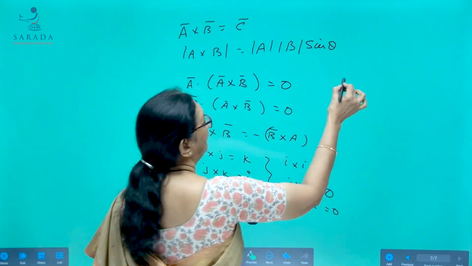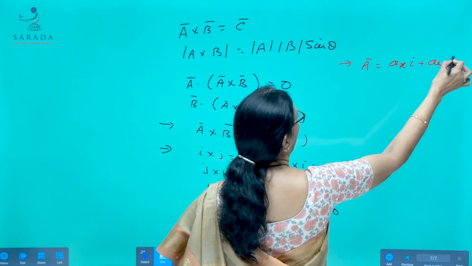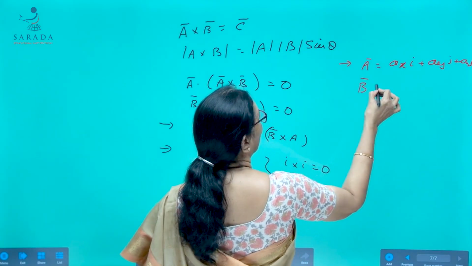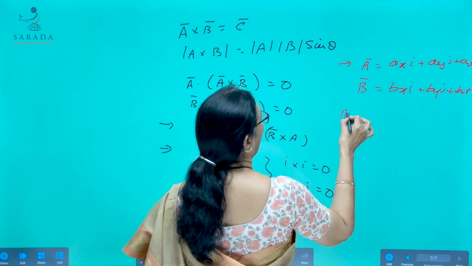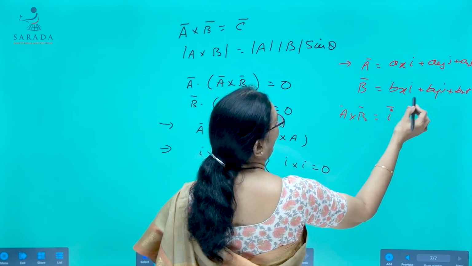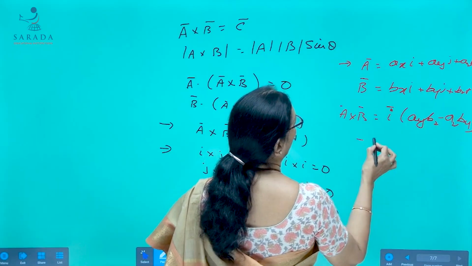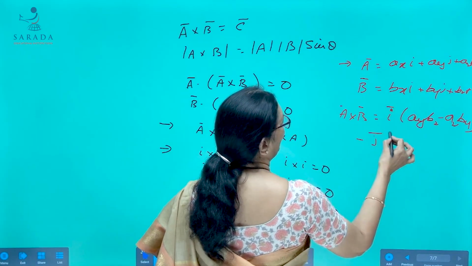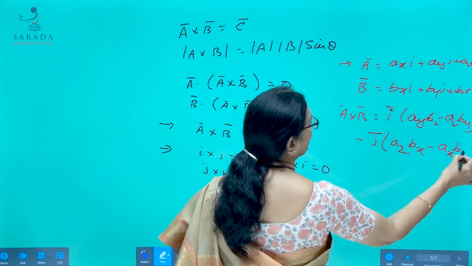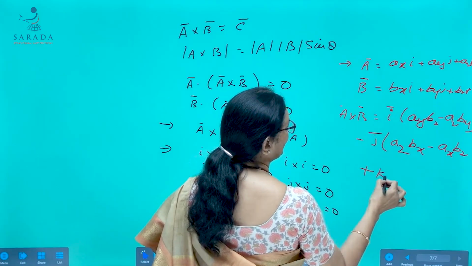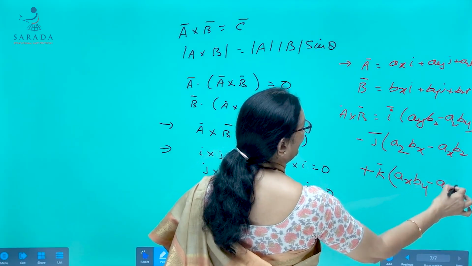From that, if a bar is ax i plus ay j plus az k, b bar is bx i plus by j plus bz k, then a cross b is equal to i bar into (aybz minus azby) minus j bar into (azbx minus axbz) plus k bar into (axby minus aybx).